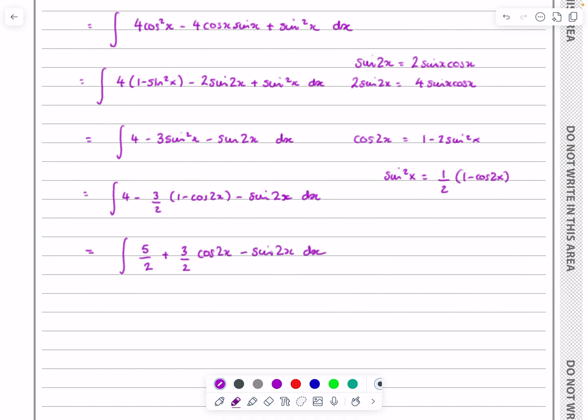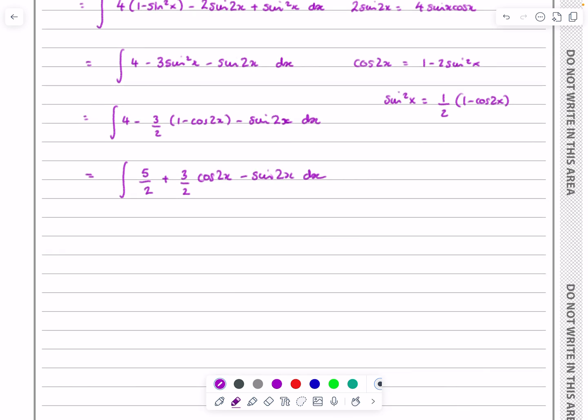And so now, finally, I'm at the stage where I can integrate these. Integrating 5 over 2 is just 5x over 2, and then the integral of a double angle, I'm not going to spend any time over that either. The integral of cos 2x, I would guess is sin 2x.